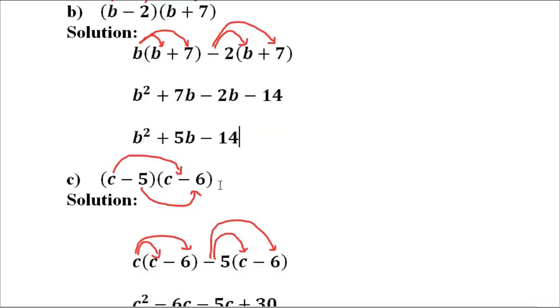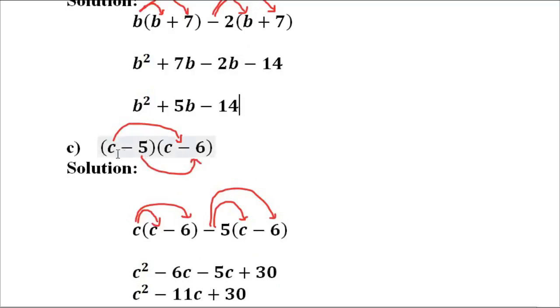Moving on to number 3, we have (positive c negative 5) times (positive c negative 6). Let's distribute the positive c to the positive c negative 6 and negative 5 to the positive c negative 6.